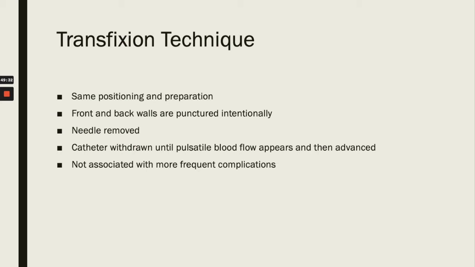At that time, if you want to use a guide wire, you can use it to redirect and pass the catheter to make sure the catheter is still within the artery. But at that time, if you're seeing pulsatile blood flow, you're in the artery.